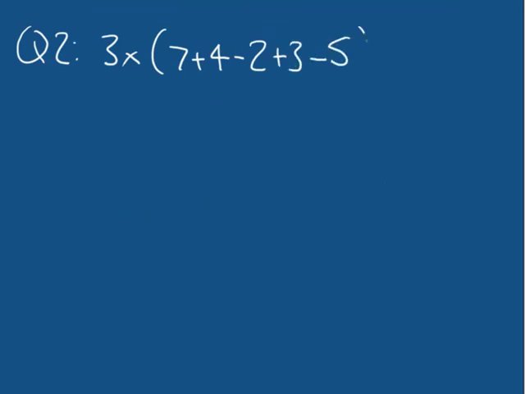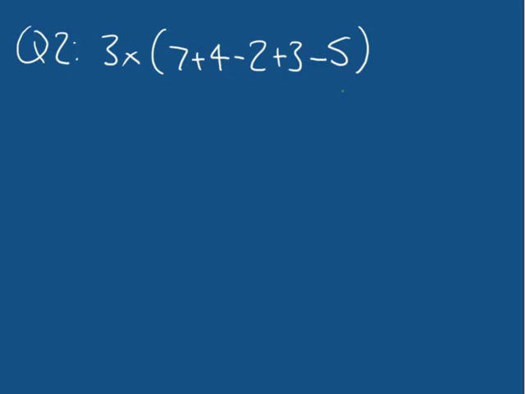Question 2, again, I want you to expand and evaluate, in this case, 3 times (7 plus 4 minus 2 plus 3 minus 5). Expand and evaluate that, then compare the result you get to evaluating this expression as written. Again, go ahead and pause once you have an answer, or if you get stuck, unpause and I will work through the answer.